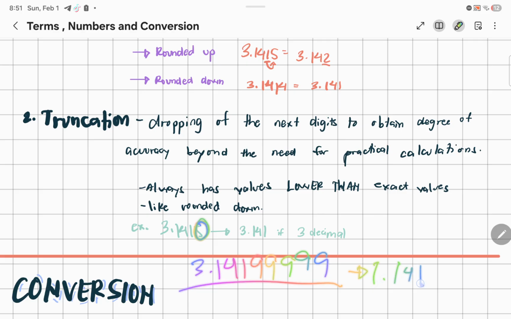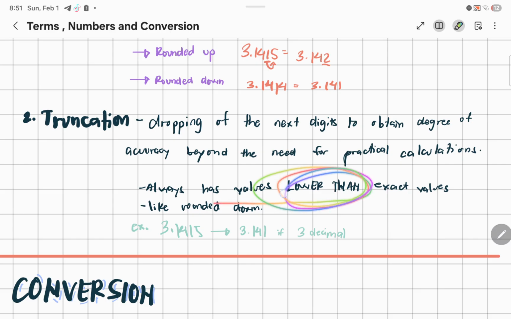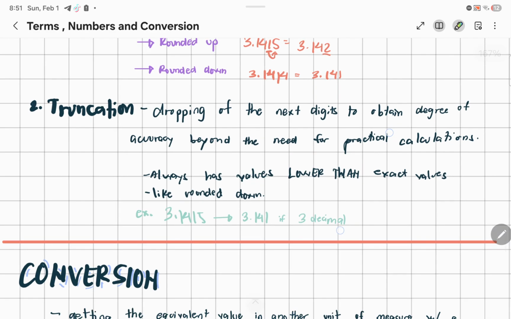It will not round up and it will not change. Just copy the 3 decimal numbers and disregard everything else. Therefore, truncation is just like rounded down. The difference is, in truncation, no matter how high the next number is, you will disregard it. Therefore, the value is always lower than the exact value.